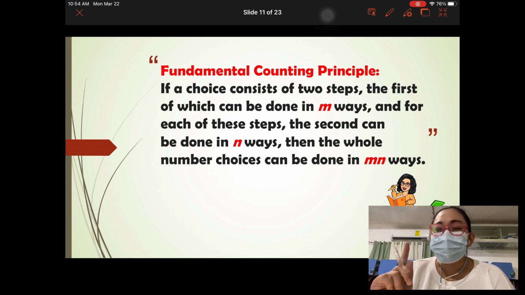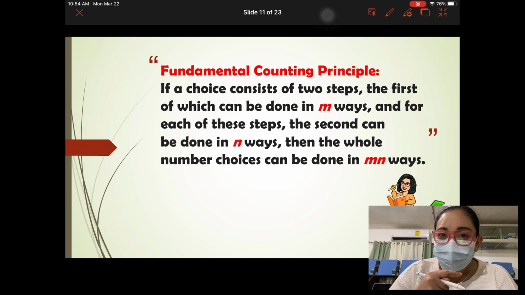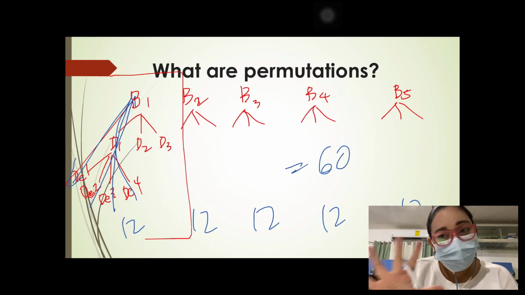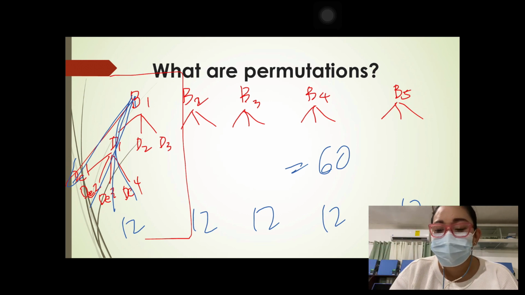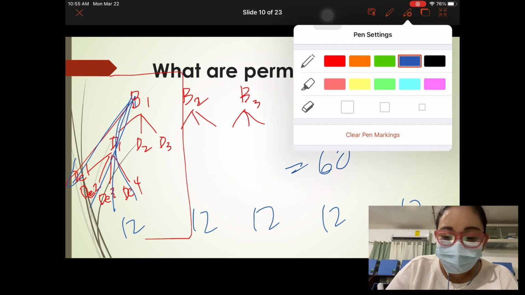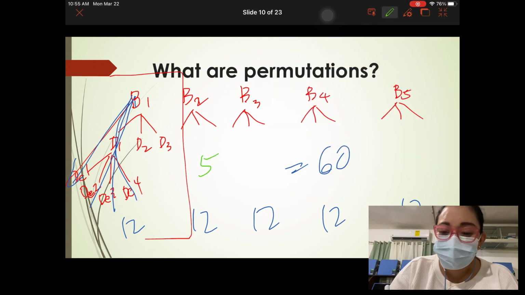So, isipin nyo, anong ginawa natin kanina sa permutation tree? Balikan natin siya. So, I have 5 burgers, and then I have 3 drinks, and then I have 4 desserts. So, ano yung nakuha natin? 60, diba? So, ilang possible burgers meron tayo? We have a possible number of 5 burgers. Ilan yung drinks natin? We had 3 drinks. At ilan yung desserts natin? 4.